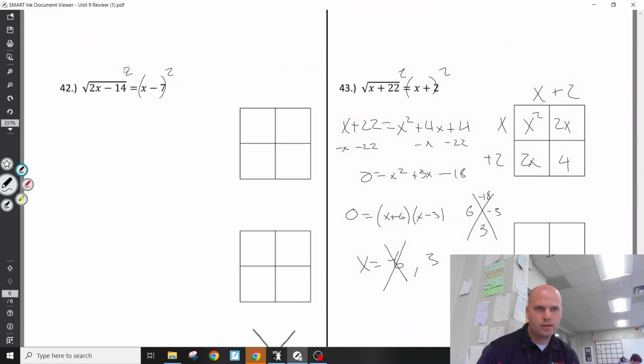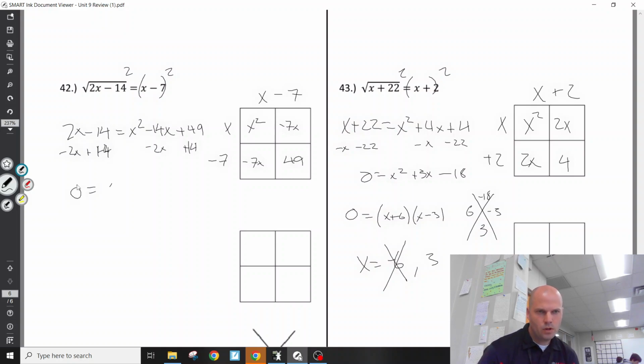Square both sides. This is just 2x minus 14 to square x minus 7. You get x squared minus 7x minus 7x plus 49. Plus 49. Subtract the 2x, add the 14. X squared minus 16x plus 63.